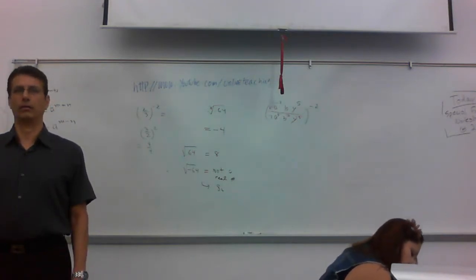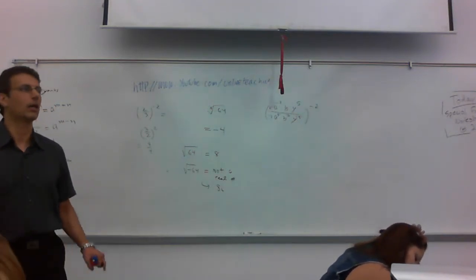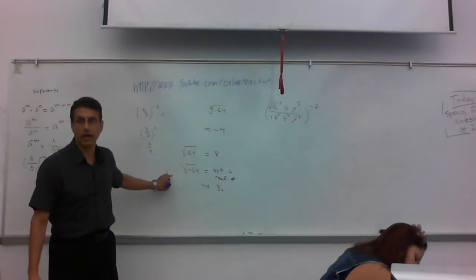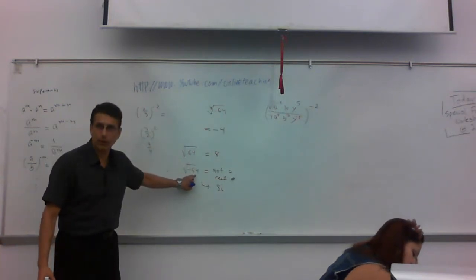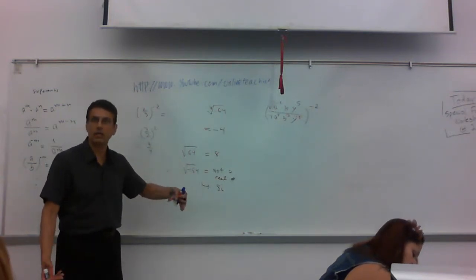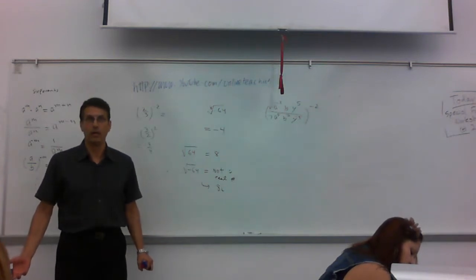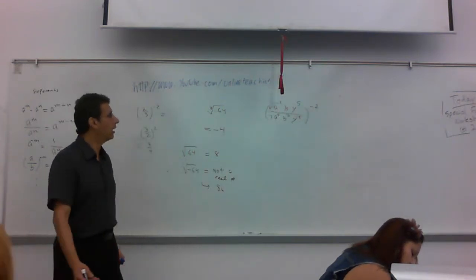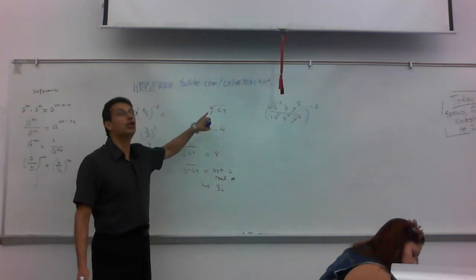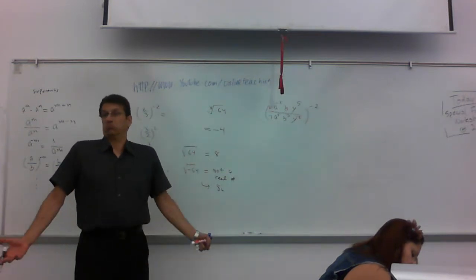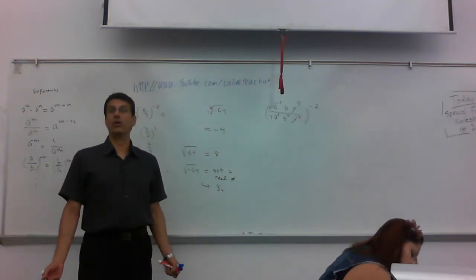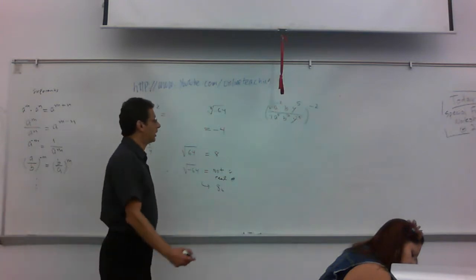Okay, don't worry about it. We'll have tons of fun with it. But as far as you're concerned for now, you're looking for a number, you square it and it becomes negative, there is no such real number, right? So you would say not a real number. However, the cube root of a negative number is a negative number, okay?